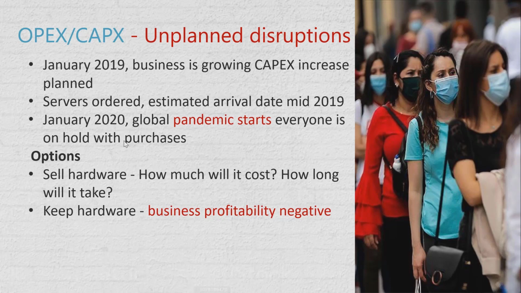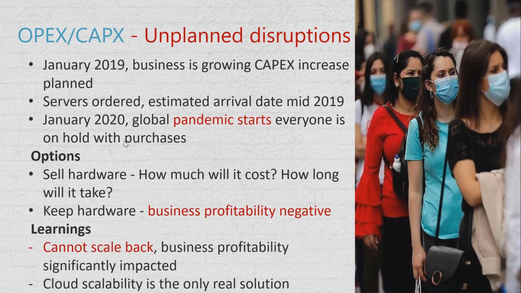Is it even possible to sell it? What are the costs involved in the selling process itself? And then if you keep the hardware, business profitability is going to be obviously negative because you will have a lot of underutilized hardware that you probably won't have anything to do with.